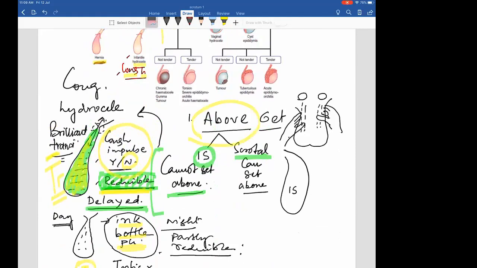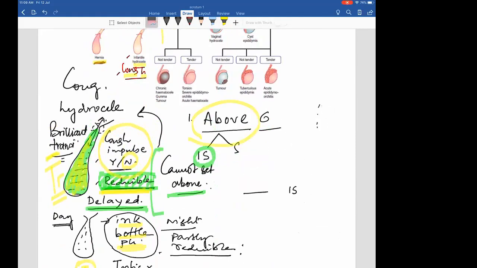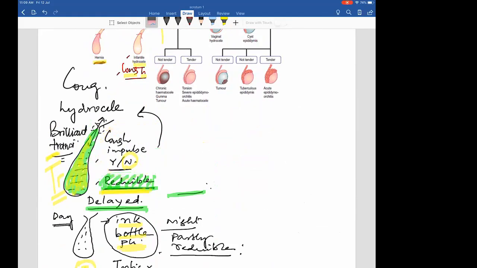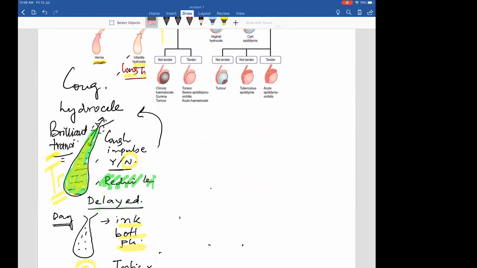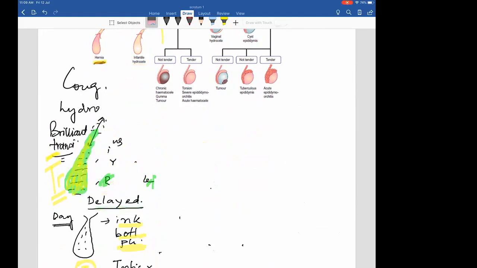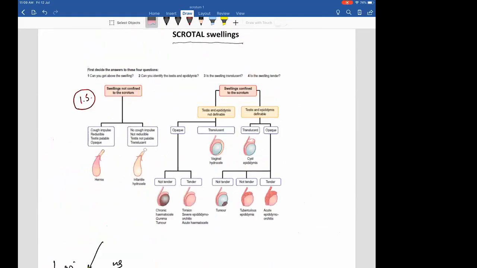So now let us go to the second question. As I've said, the first question rules out an inguinoscrotal swelling that is coming down into the scrotum. Now let us talk about swellings exactly located in the scrotum. The next question is: is the testes palpable separately from the rest of the swelling?